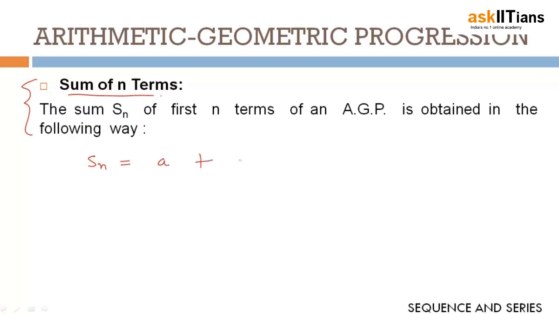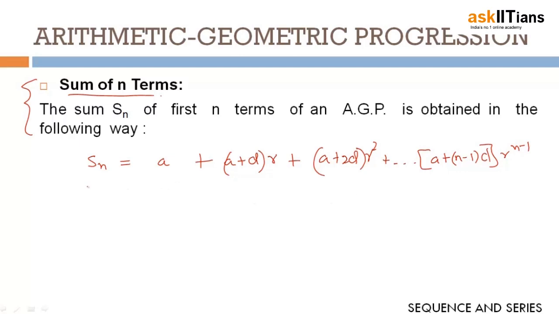I start from a, and this will be my AP, and I am taking the first term of GP as 1 and then the common ratio r. This is how it goes, and the last term will have ratio r to the power n minus 1.